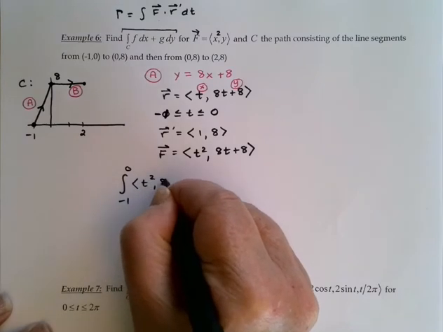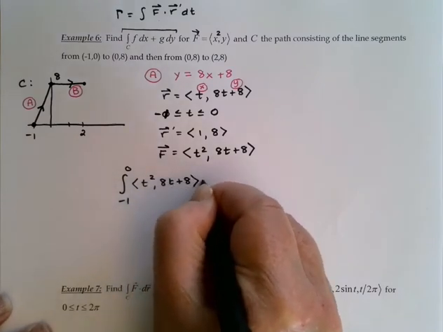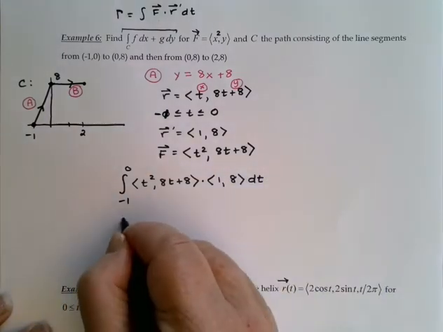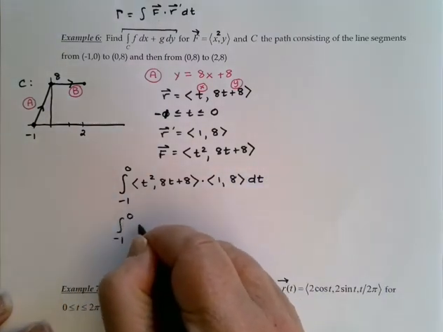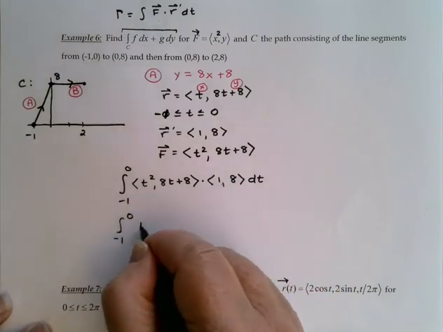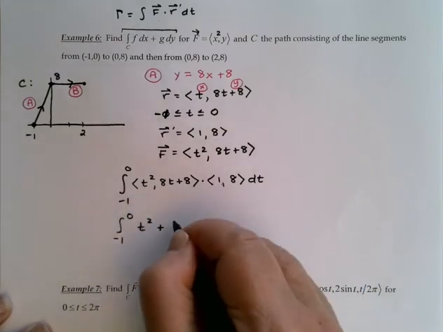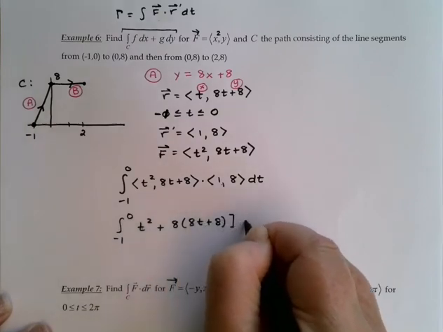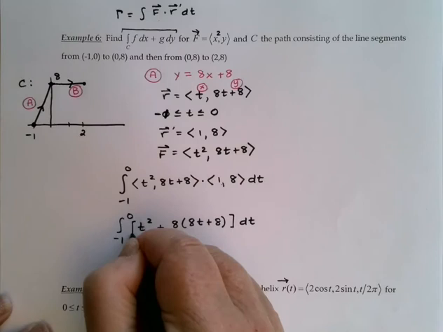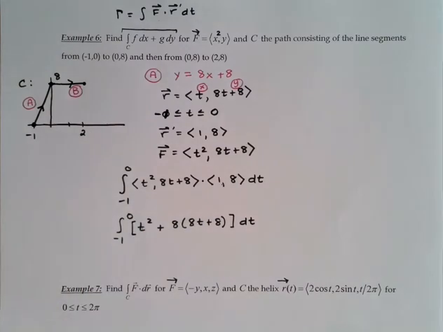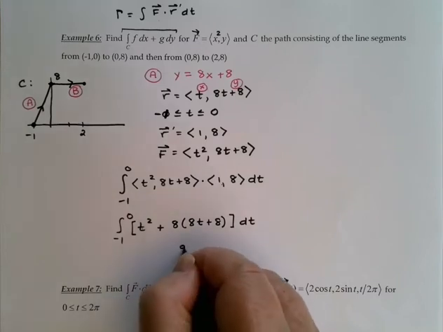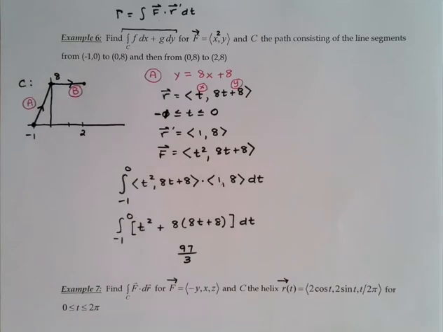So here's f dotted with r prime. Which is going to be t squared plus 8 times 8t plus 8. All right, not a hard integral to do. You can do the algebra, integrate by hand, whatever. I think I just put this in the calculator just like this. I got 97/3 when I did that.